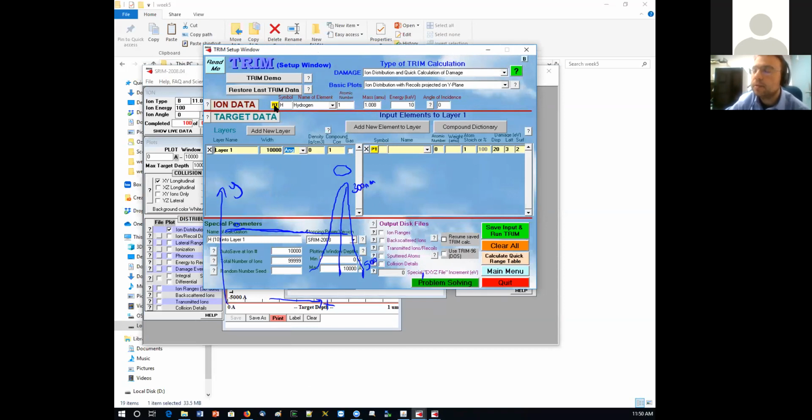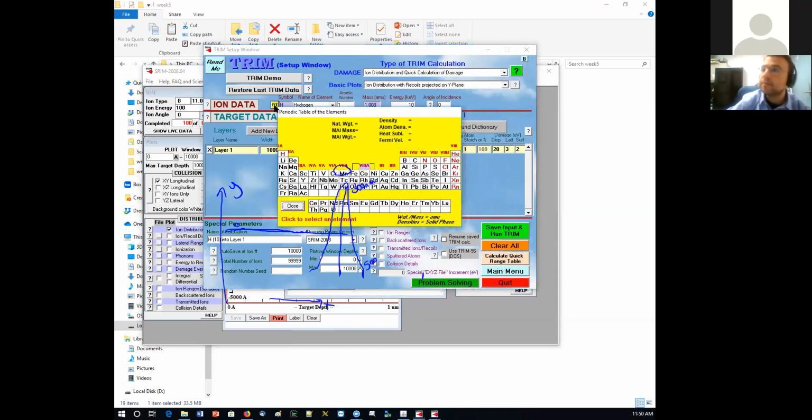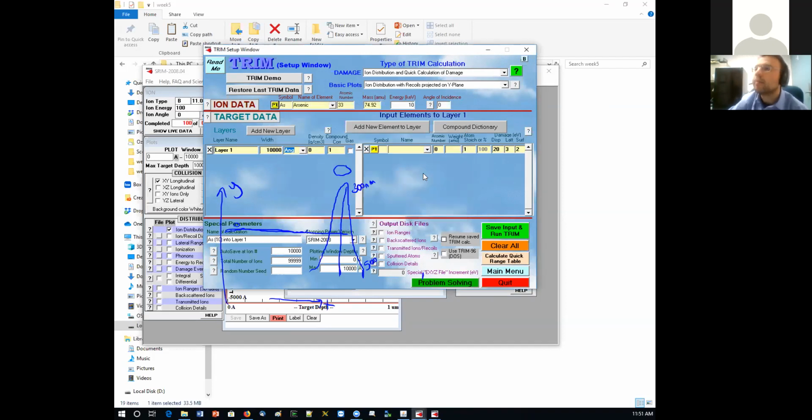I will do the same things that I did, but this time, just to see the importance, I'm still going to be on the same group 5, but I'm going to choose arsenic this time. Yes, ions have been changed to arsenic.